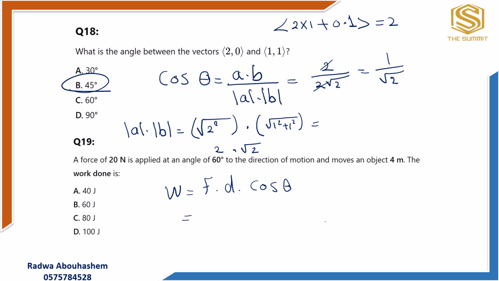So here F is 20, the distance is 4, and cosine theta, which is 60. So it's 80 times half, which gives me 40.